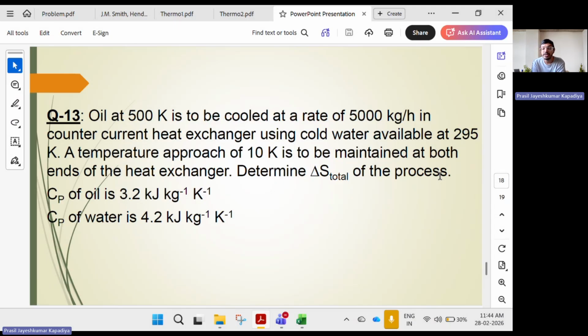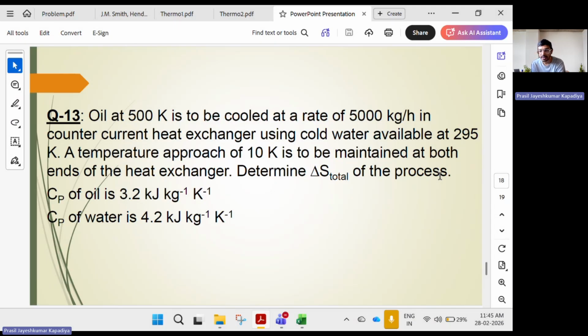Then we tried to understand the concept of fugacity, which is a measure of non-ideality of gas. Instead of d mu being RT d of ln P, for real gases we just replace P with f. Then we tried to find out how fugacities can be calculated using an equation of state.